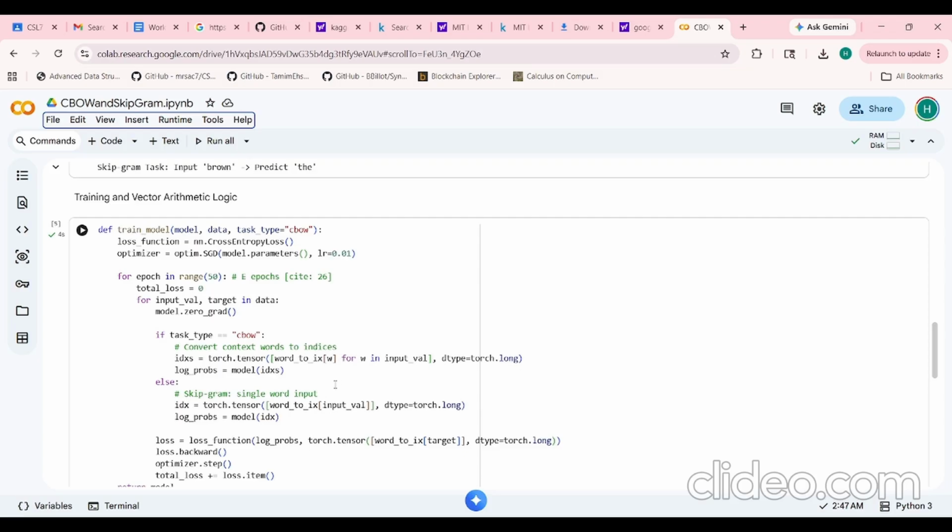In a large scale setting, we would replace the standard output layer with a hierarchical softmax, which is a Huffman binary tree. This code demonstrates the logic that instead of evaluating every word in the vocabulary V for every step, we are optimizing the weights so that the target word vector becomes the most probable match for the given context.